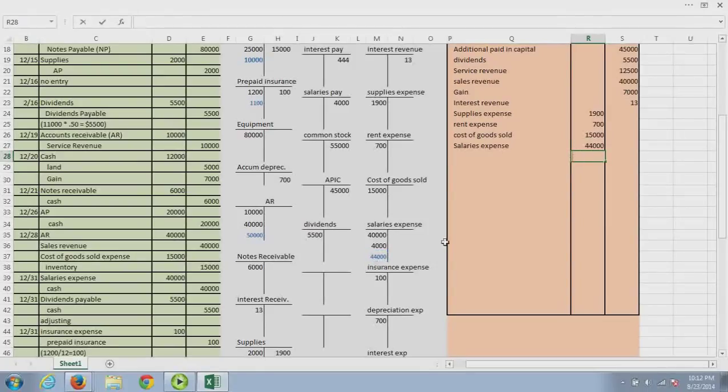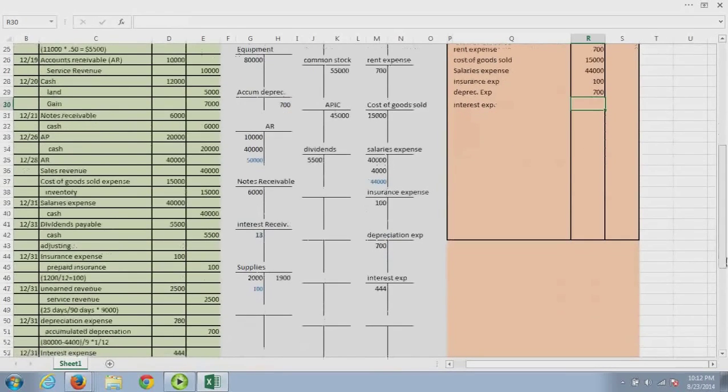Insurance. Just abbreviate it since I can't type. Insurance expense, depreciation. And that's okay. Interest expense. And that's probably it. That's good.